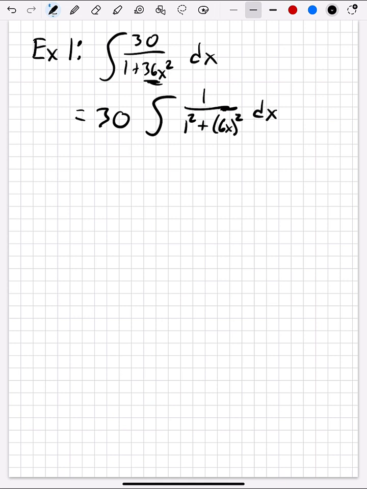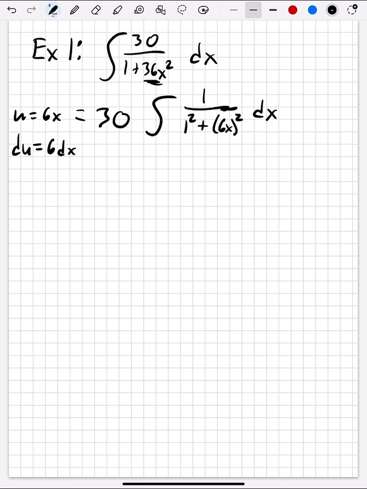Okay. So over to the side, I'm just going to make a note to say, well, u is 6x. And so I'm using u substitution here, right? So then I have to say, well, du is then 6 dx.